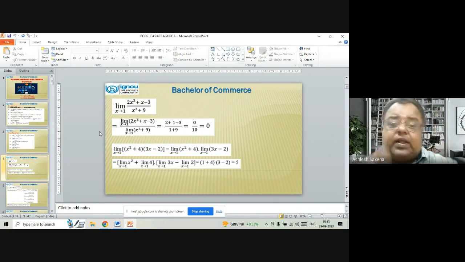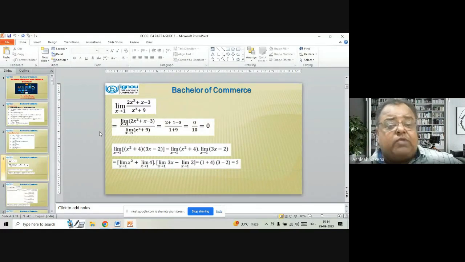You can see that the problem is in the form of f(x) divided by g(x). As I told you, the limit will be applied in the numerator as well as in the denominator. So I will replace x by 1: 2 into 1 plus 1 minus 3 in the numerator, and in the denominator I get 1 plus 9.